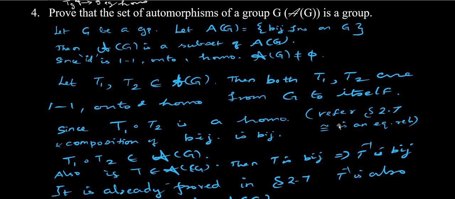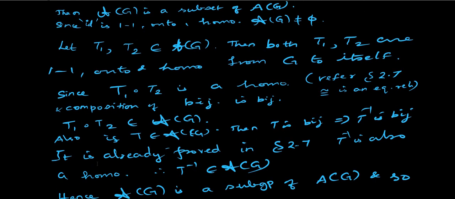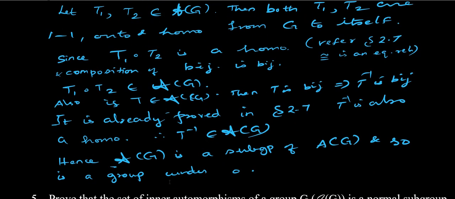These are referred from section 2.7, where one of the results we established is that isomorphic to is an equivalence relation. That result is recalled here. We haven't actually proved anything here, just borrowed that result. So T inverse is also bijective, already proved in section 2.7, and T inverse is also a homomorphism. Therefore, T inverse is a member of script A of G. So script A of G is a subgroup of A of G, and so it's a group under composition.